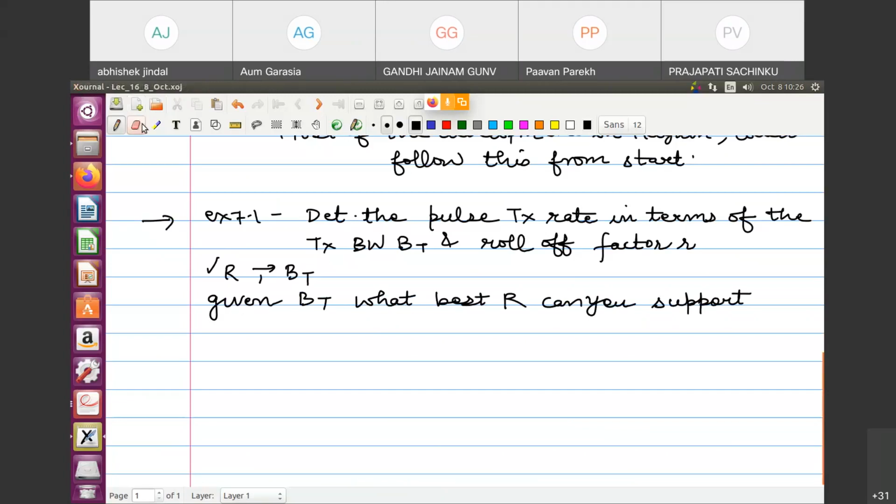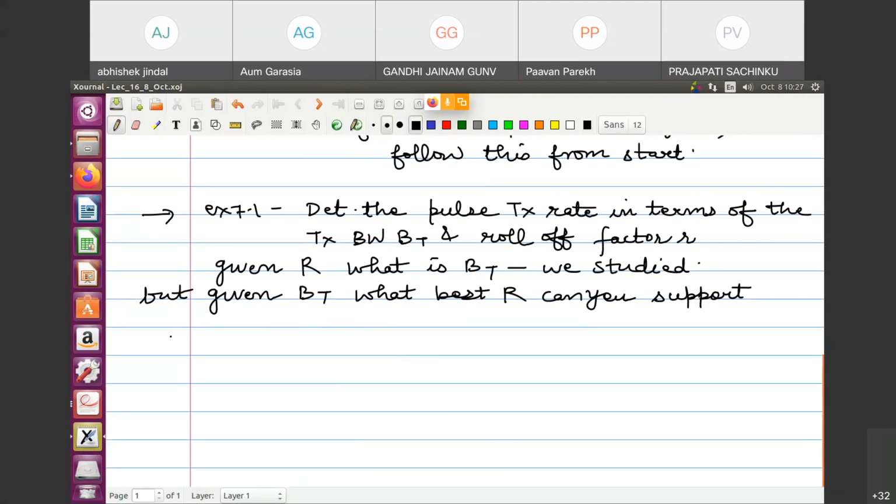Let me just write it more specifically what this means. Otherwise, once you go back and read the notes, you can understand. So, given R, what is Bt? We studied that. But so this is the premise of this example.